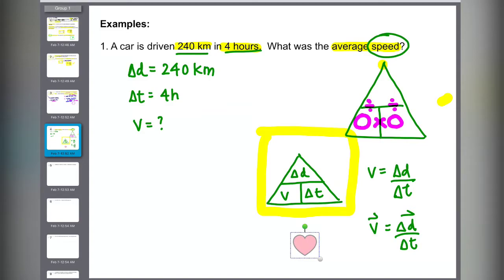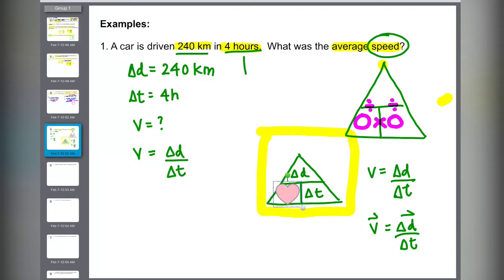So I'm just going to pretend this is my hand. I'm going to cover up the V. Do you see that I have D at the top, T at the bottom? So that means when I write up my equation, I would write V equal, because that's what I'm looking for. D is at the top, T is at the bottom.